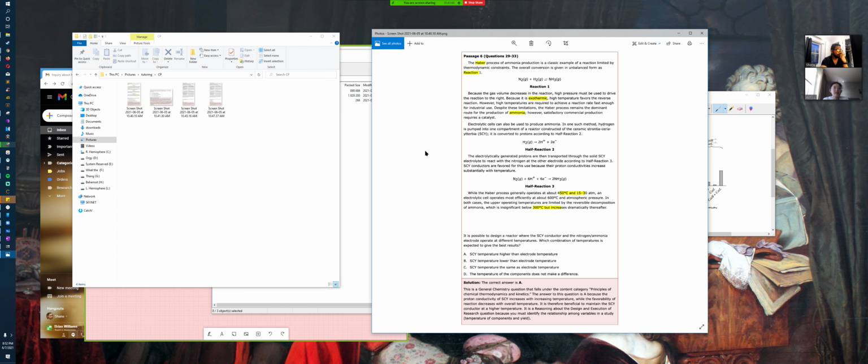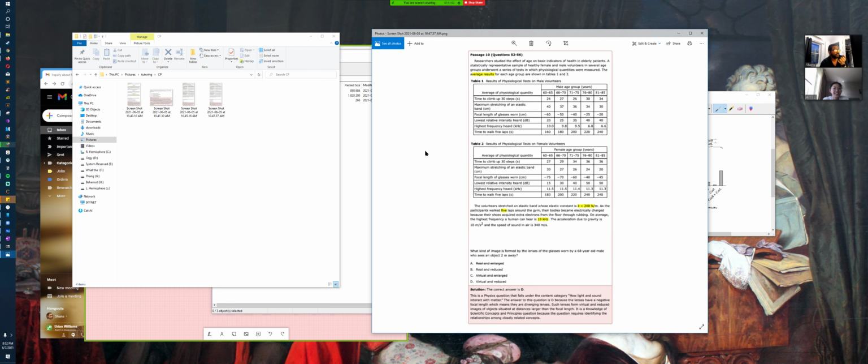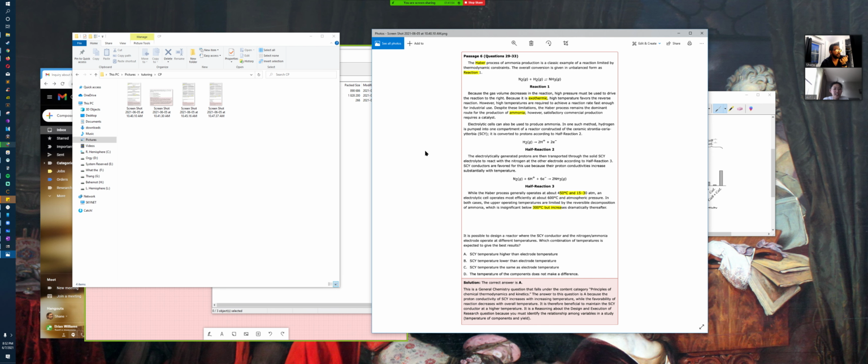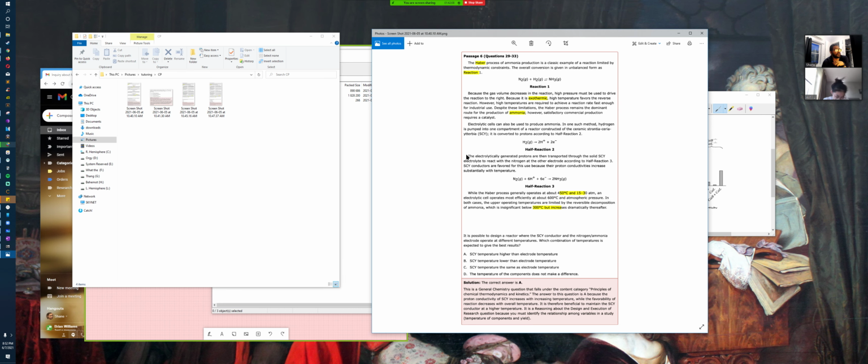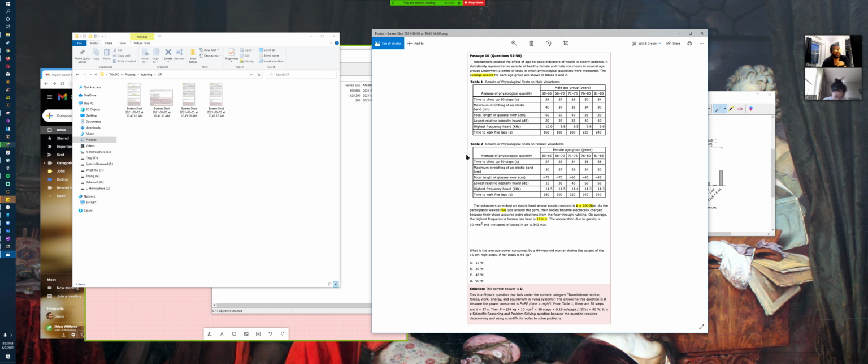Okay, let's do the CP one. I see, this is about the Haber production process. I was thinking we can go through passage 10 because those are more like discrete questions. You mean the ones that aren't passage 10 are more discrete?